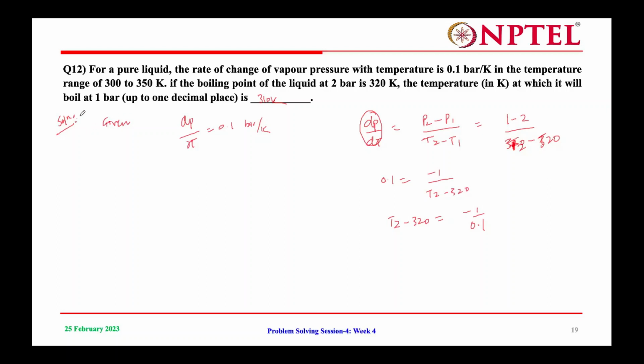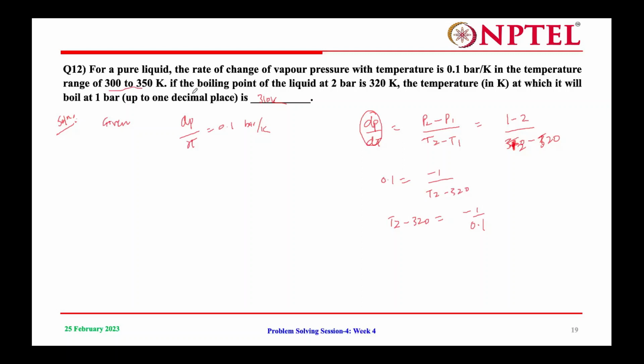Sir, here the temperature range is 300 to 350. Yes, right. Here the rate of change of vapor pressure with temperature, 0.1 bar per Kelvin, is given for this range.